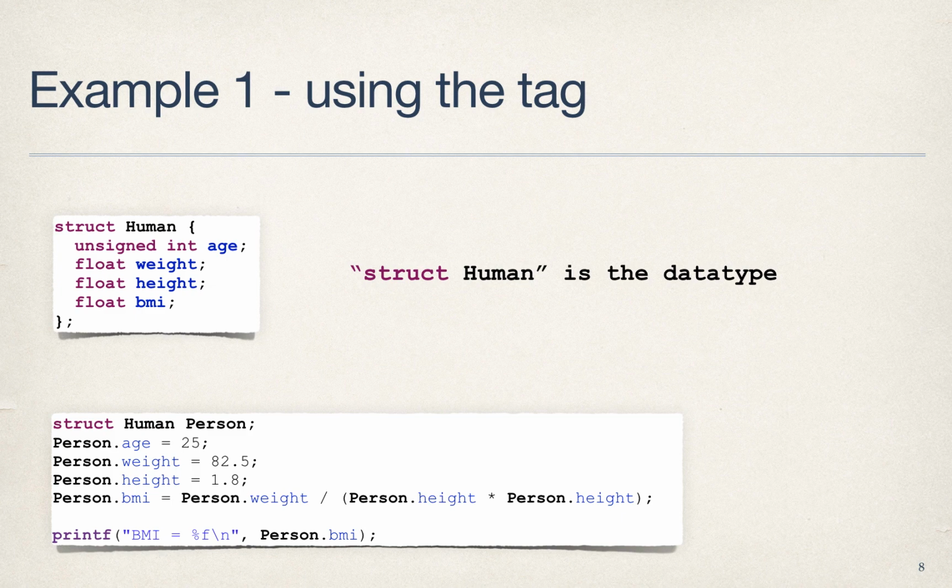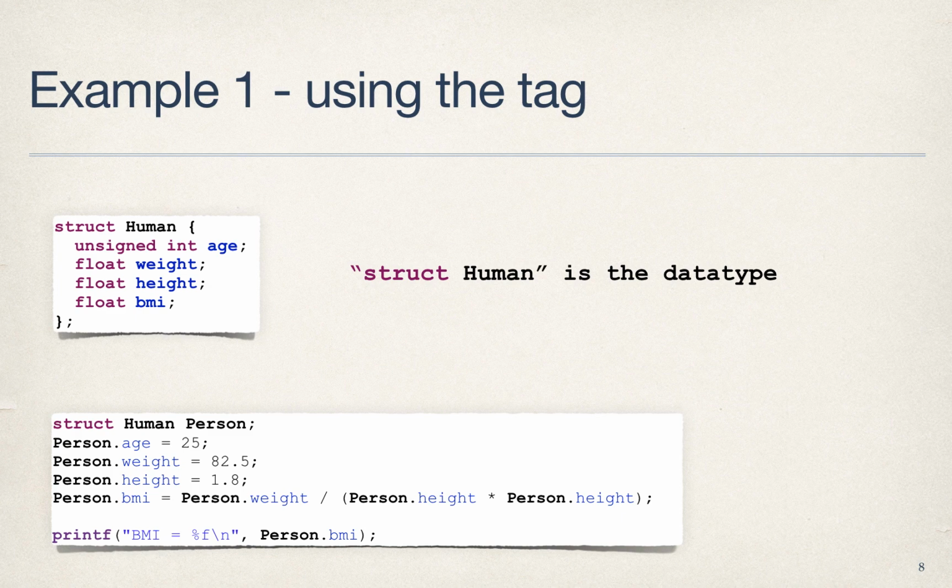That's the type of information that person holds, and person is, if you like, the variable or the instance of that. And you could have many of them. So to stress this, that's the data type of person. Okay, so that's one way of doing it, and you could have many instances of human that way.